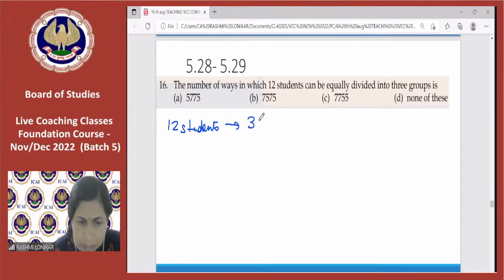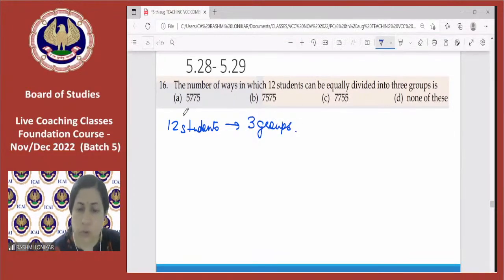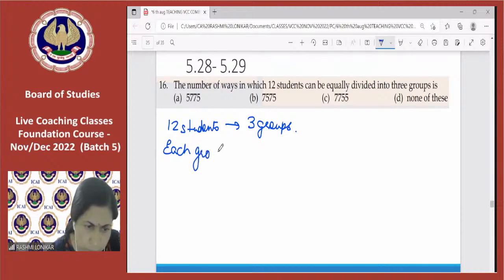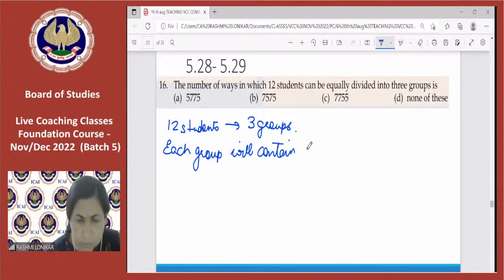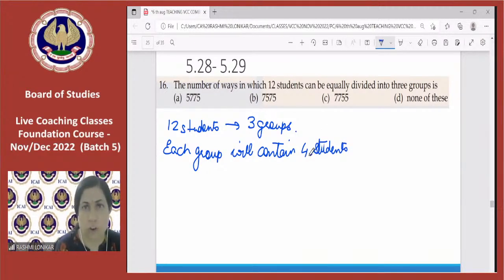I have to divide them into 3 groups. So how many students in one group? So each group will contain 4 students, right? I have 12 students. So in each group, I will put 4 students.